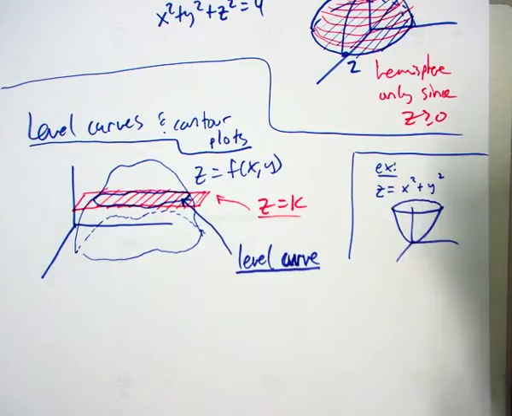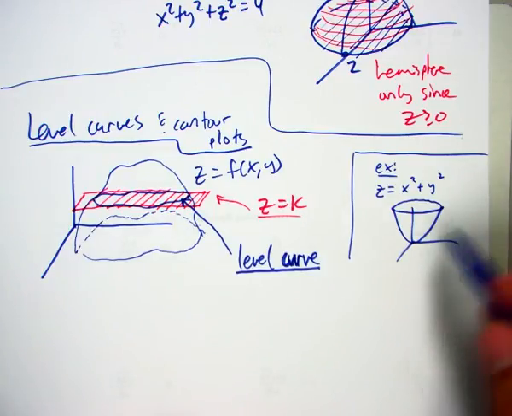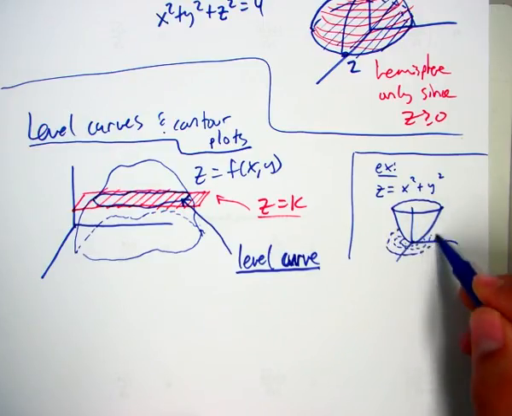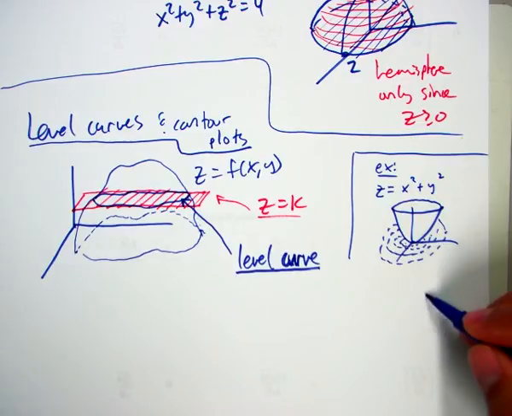If we took planes and cut through it, z equals 1, 2, 3, 4, and so on, what level curves are we going to have? Circles. Very good. Okay, so here we have a set of level curves.